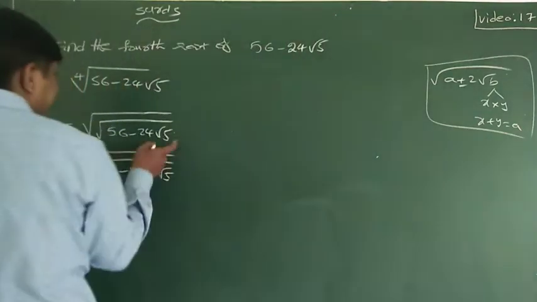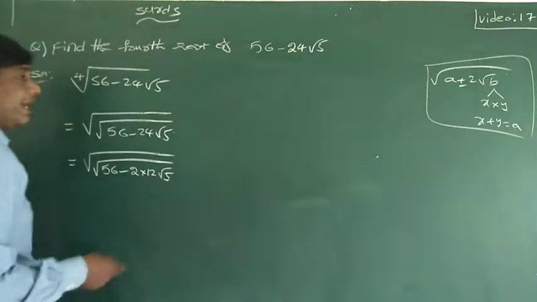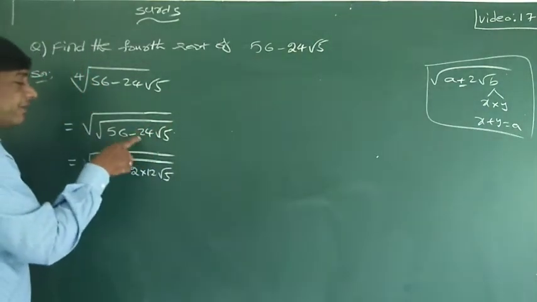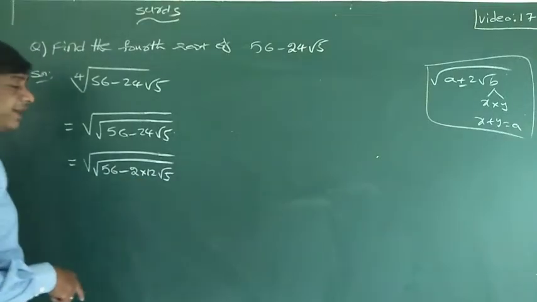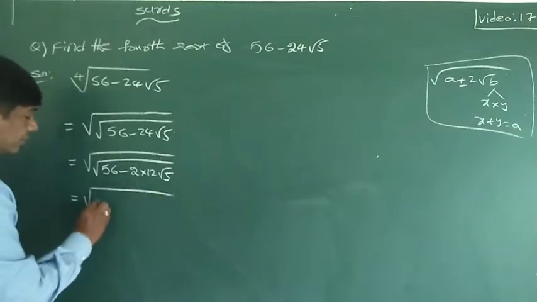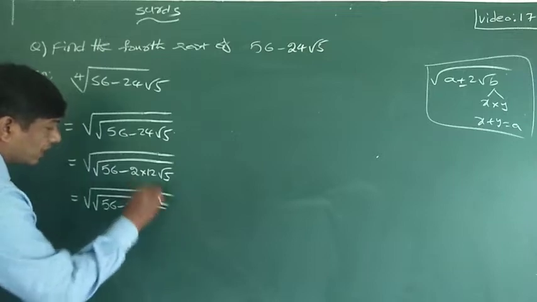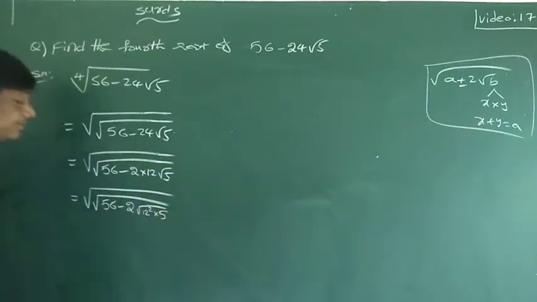Now 56 minus 24 root 5 I am writing in the a plus 2 root b form. To get 2 as the rational factor, 24 I write as 2 into 12, 2 into 12 into root 5. That is equal to the square root of 56 minus 2 into 12; take inside, 12 squared into 5.